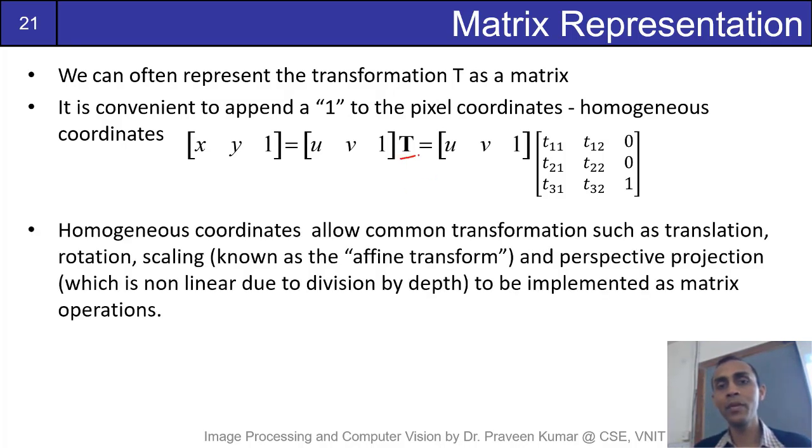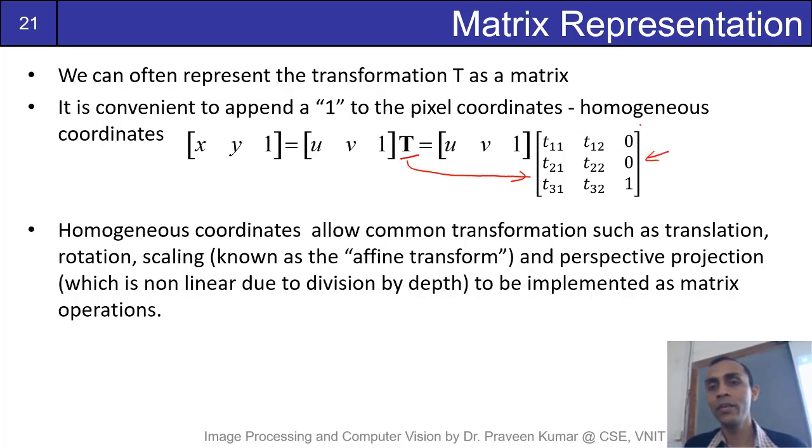So this T I'm representing by this kind of a matrix. This particular matrix is called the affine transformation matrix. Whenever we want to do affine transformation, it is basically simple transformations like translation, rotation, scaling, and shear also.